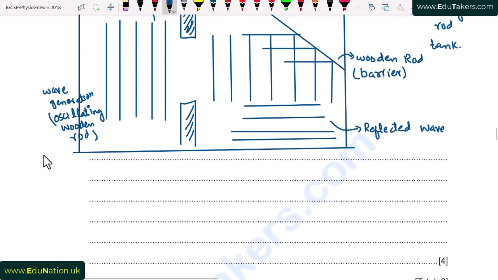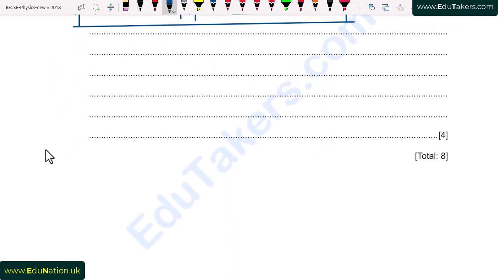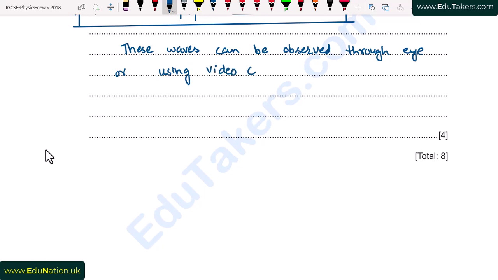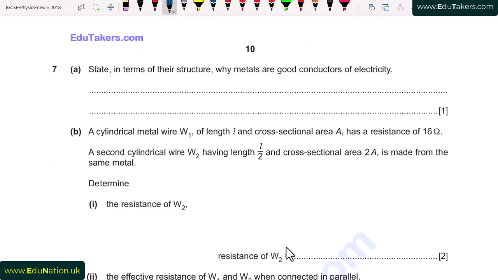I write here these waves can be observed through the eye or using a video camera. So in this way we generate the water waves.